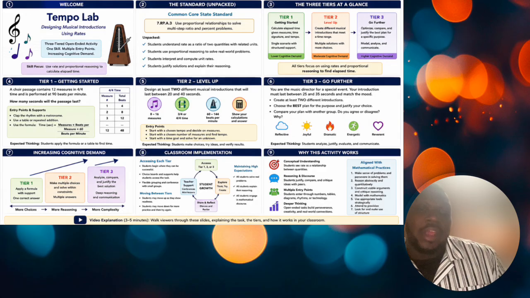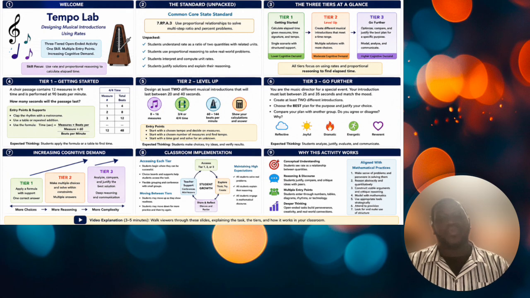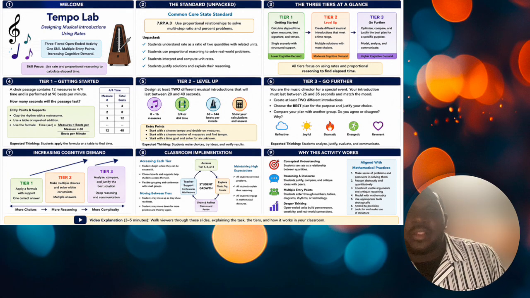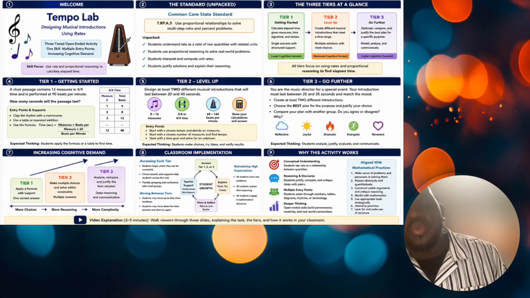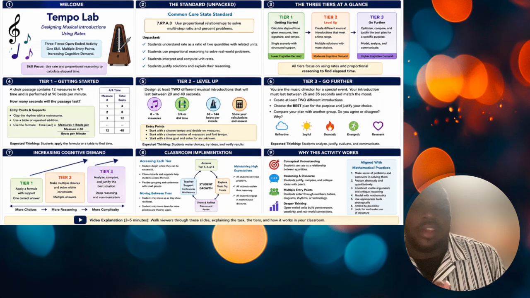In a music classroom, these meanings are going to mean different things to different people. So I'm not worried about having a set definition for what reflective is. I'm more worried about them making the best decision based on what they think these characteristics are going to be. So they have to create two different introductions.